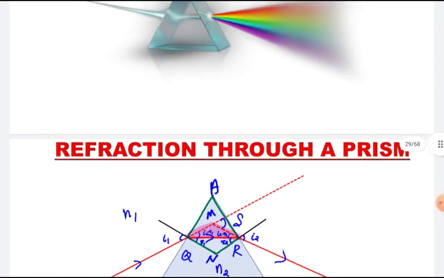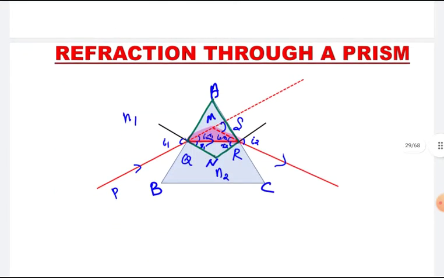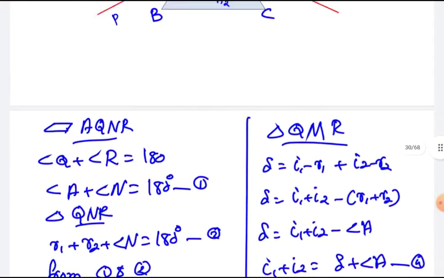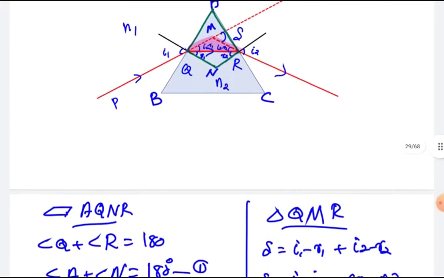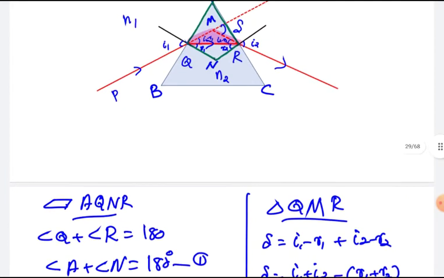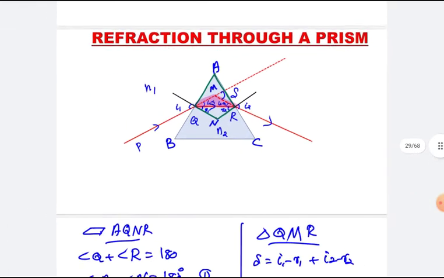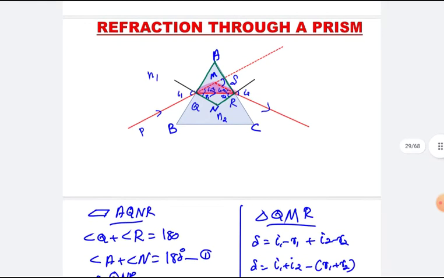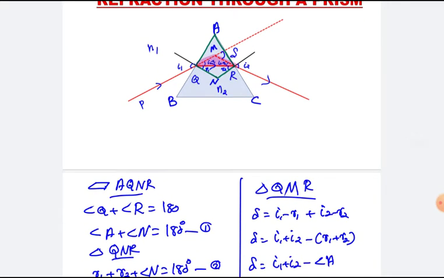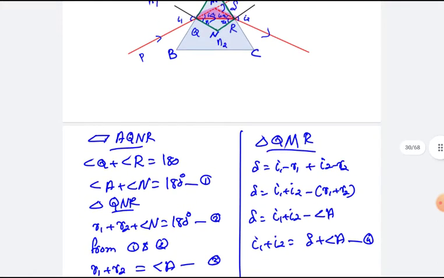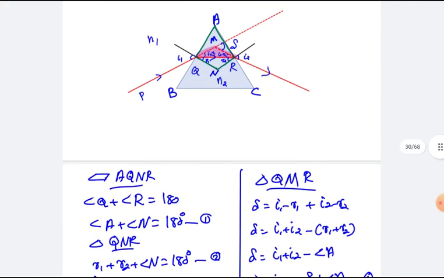Prism. Then the refraction through a prism. Take the quadrilateral AQNR. Here angle Q plus angle R is equal to 180. Angle A plus angle N is equal to 180. It's a quadrilateral.